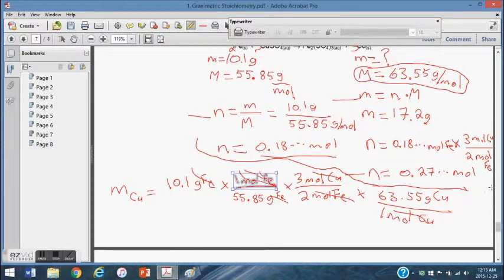So how do I go about doing this? Well, first of all, just to review what I've done. Each step of the way, I've written these conversion factors, these fractions, where I put on the top what I want to get to, over on the bottom what I have.